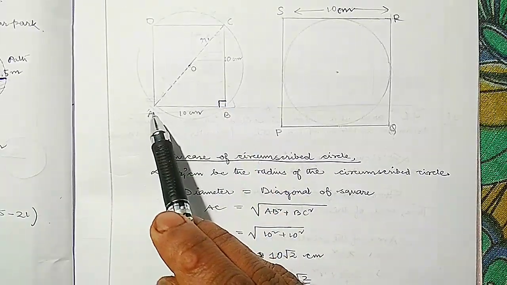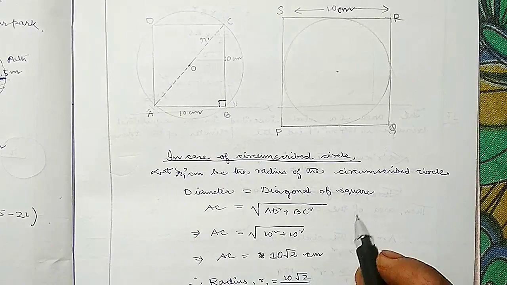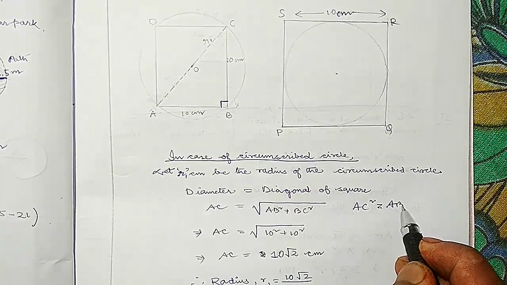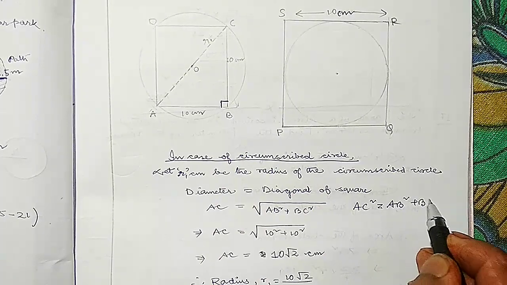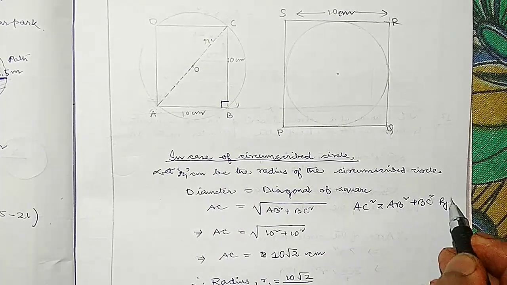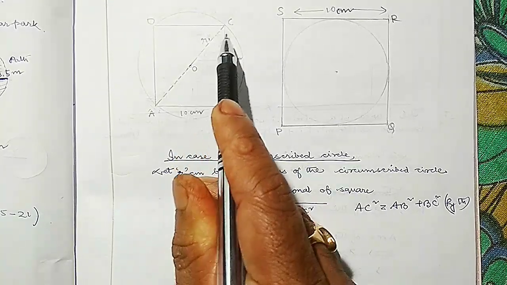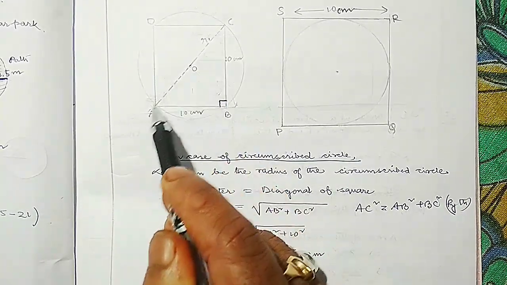In this right angle triangle ABC, we can write AC square equals AB square plus BC square by Pythagoras Theorem. I think all of you know the Pythagoras Theorem. So this is the hypotenuse. So AC is the hypotenuse.